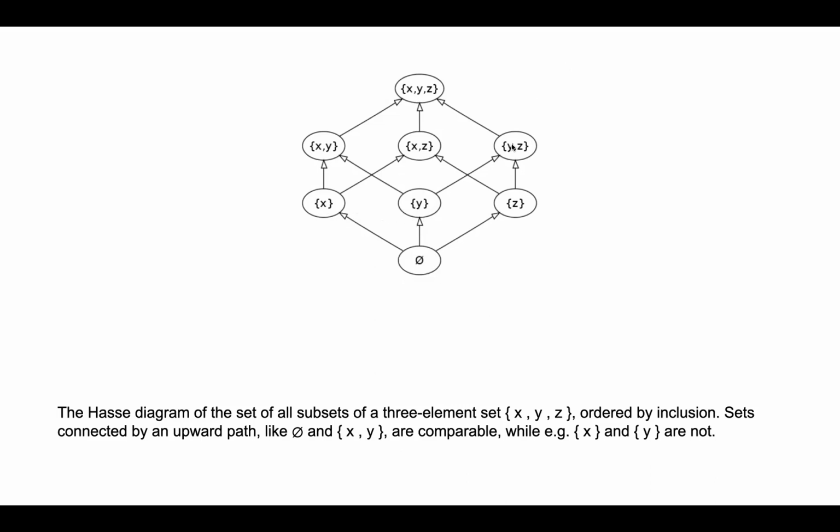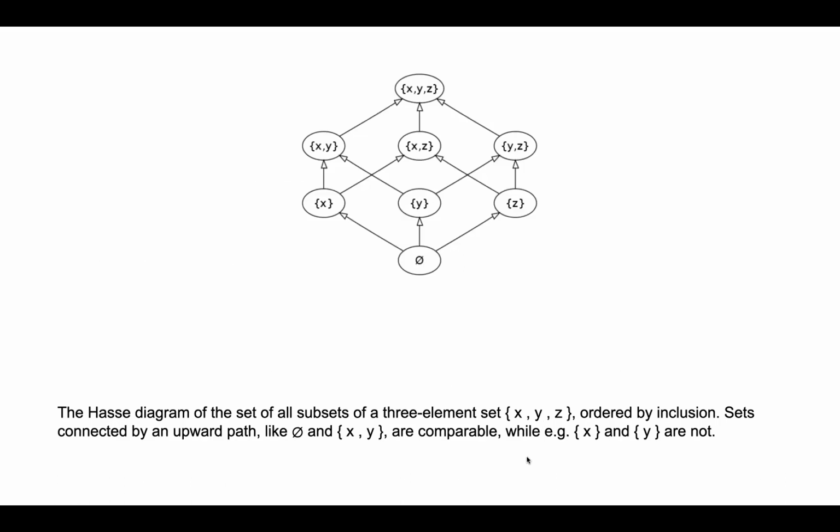From X and Z, XZ is there. And from Y and Z, YZ is there. And lastly, containing all these three, X, Y, and Z. It is nothing but the example of a Hasse diagram and a poset.